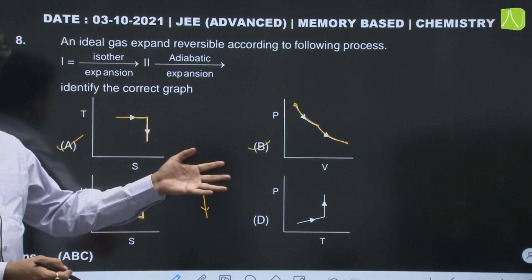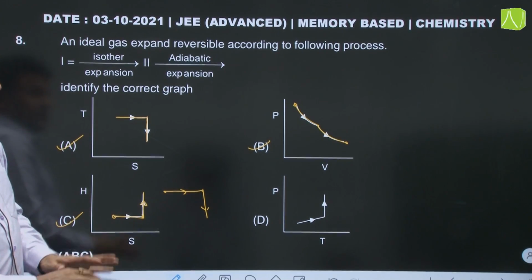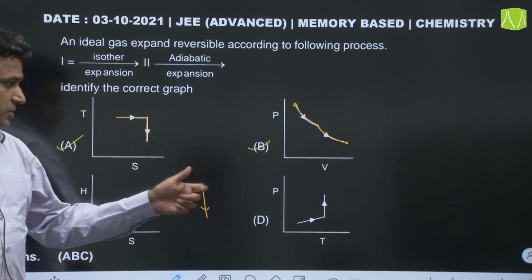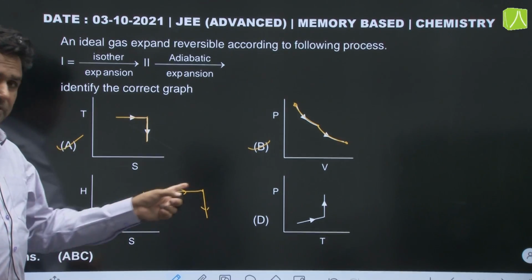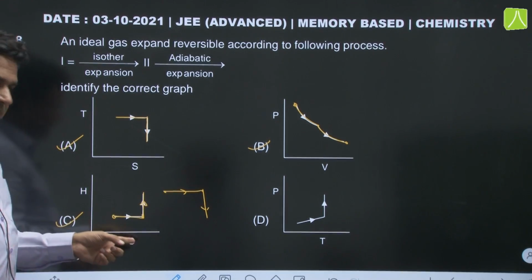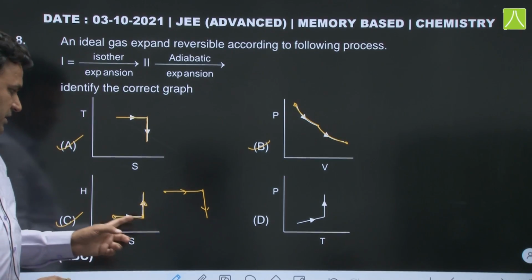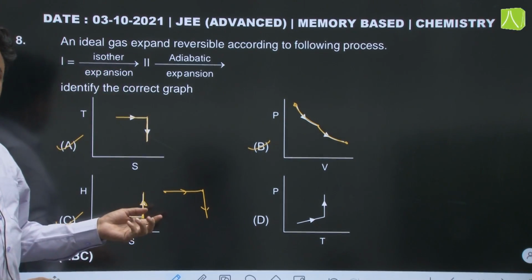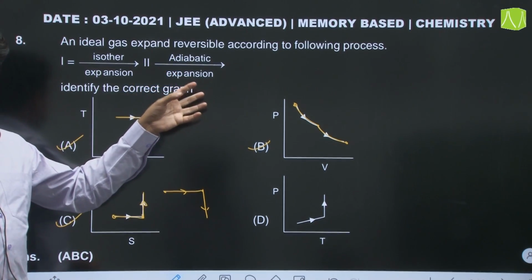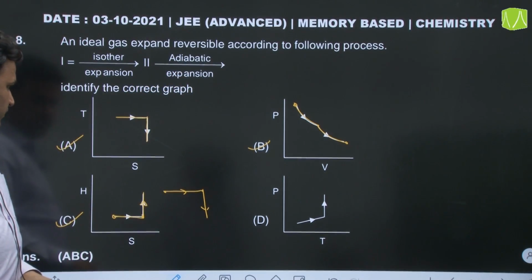Since this is a memory based question, we don't exactly know whether this type of graph was given or this type of graph was given between H and S. But let's say isothermal, that means enthalpy H should remain constant, and adiabatic, that means entropy should remain constant.